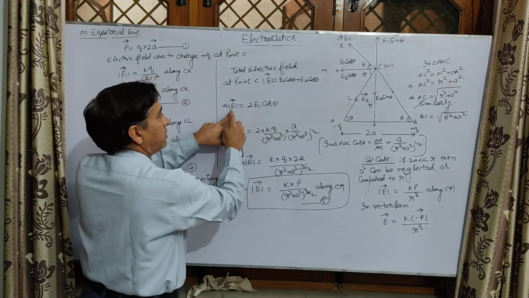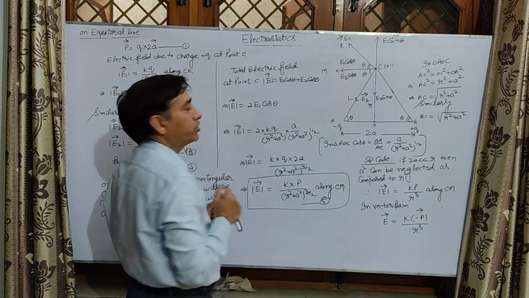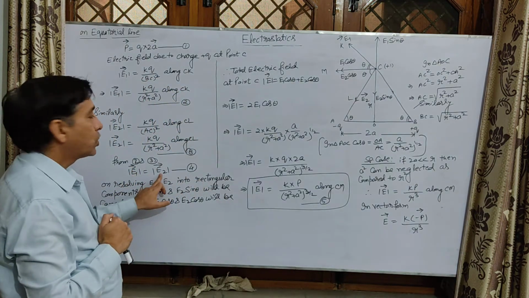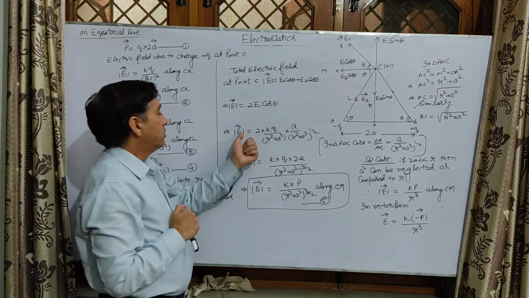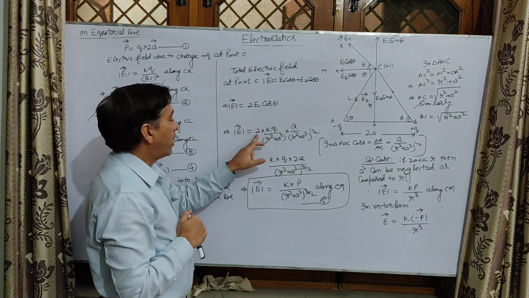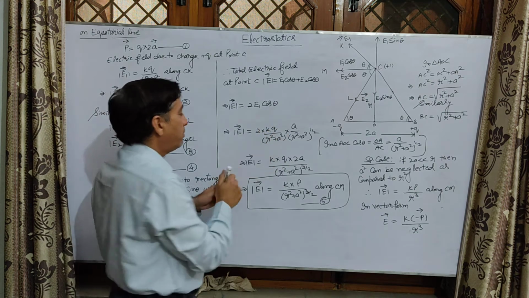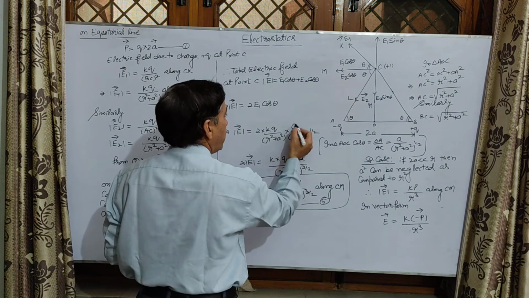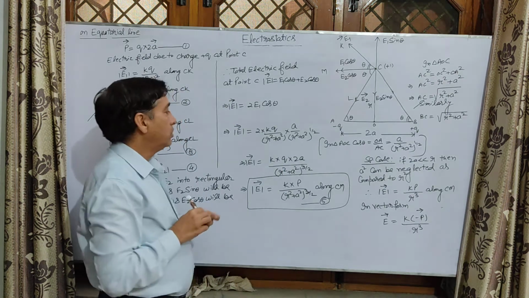You can write E equals twice E1 cos theta, because modulus of E1 equals modulus of E2. Now E equals twice kq upon r square plus a square into a upon r square plus a square raised to the power 1 by 2.